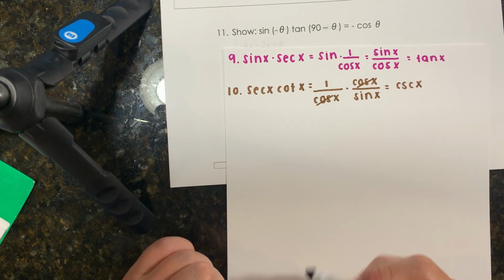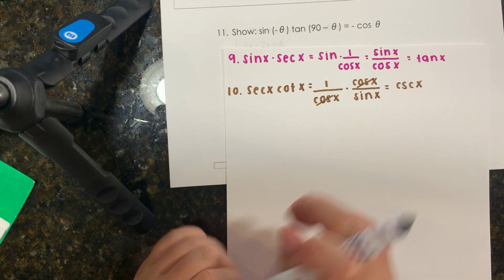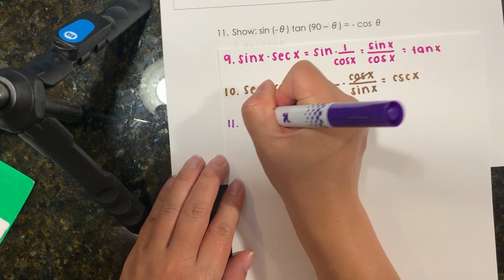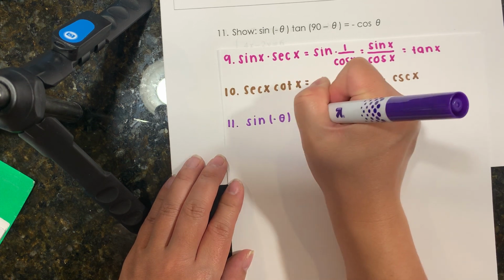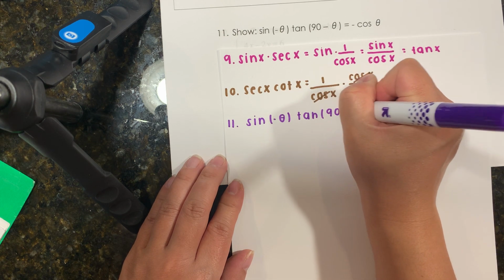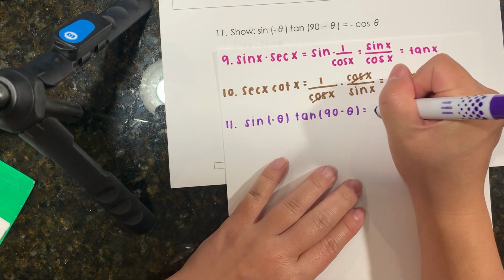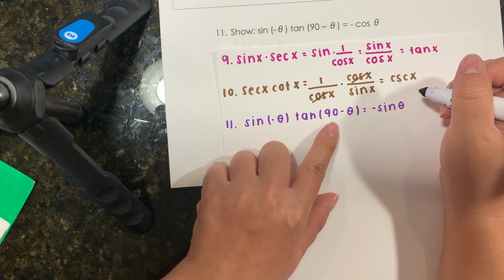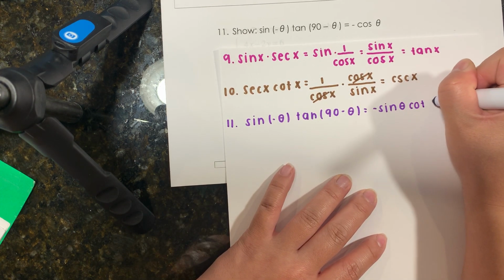Now for number 11, I have sine of negative theta times tangent of 90 minus theta. Sine of negative theta is actually equal to negative sine of theta. Tangent of 90 minus theta is actually equal to cotangent of theta.